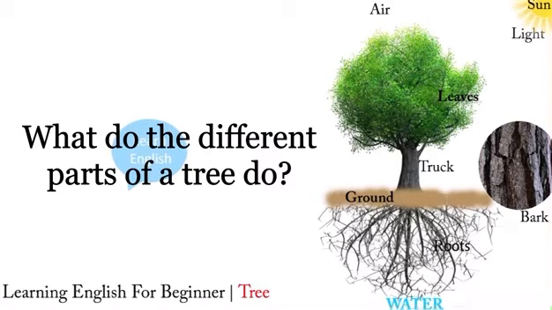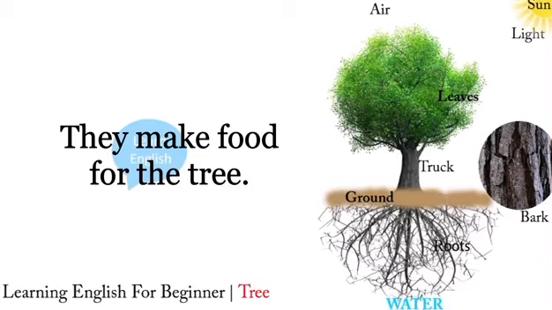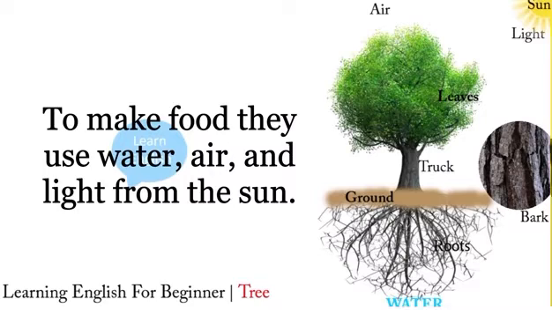What do the different parts of a tree do? Leaves grow on branches. They make food for the tree. To make food, they use water, air, and light from the sun.